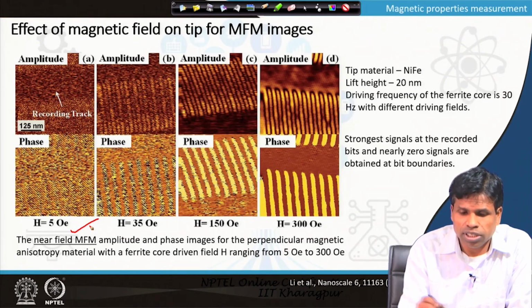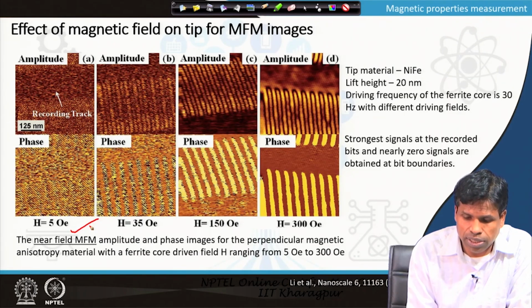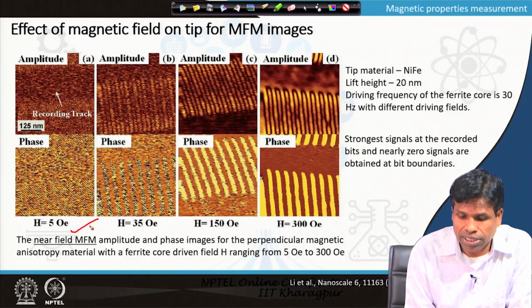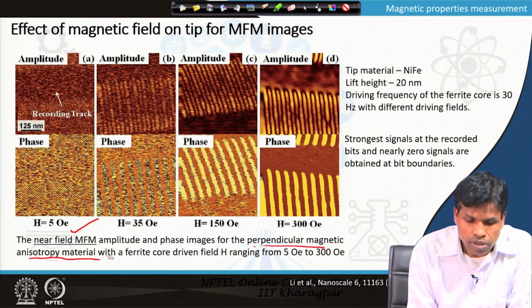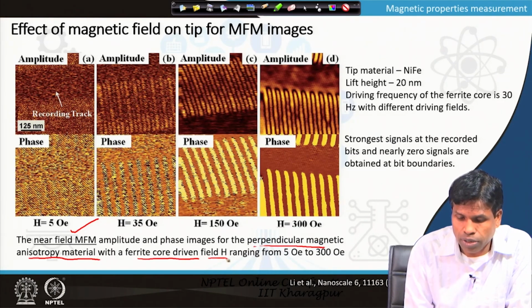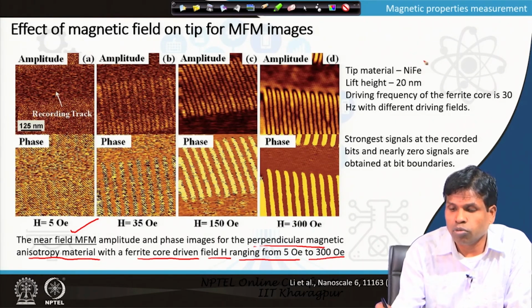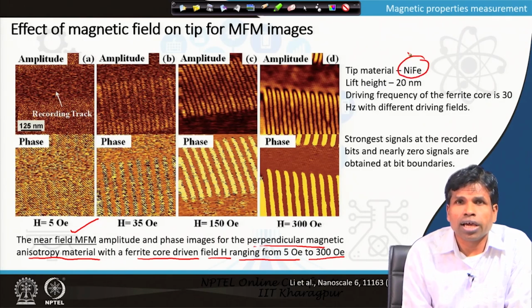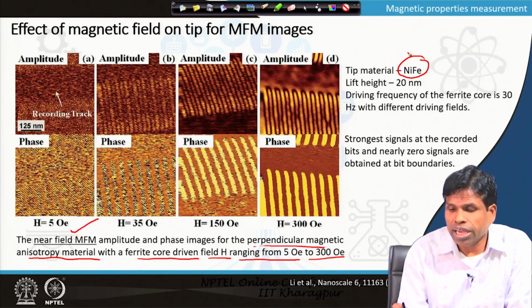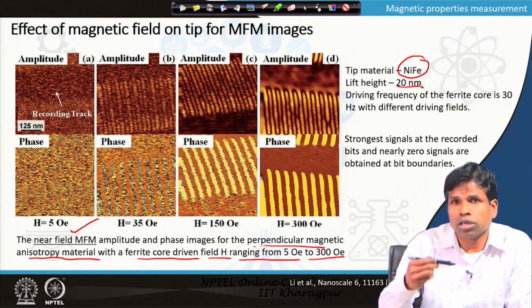So, here for this type of sample, this is an MFM amplitude and phase image of a perpendicular magnetic anisotropy material with a ferrite core driven with different fields ranging from 5 oersted to 300 oersted. In these cases, the tip material was a nickel iron alloy, and the lift height was above 20 nanometer.